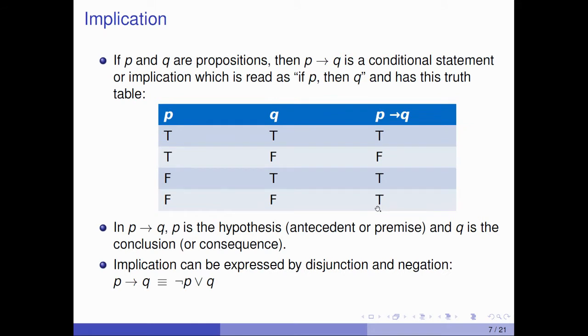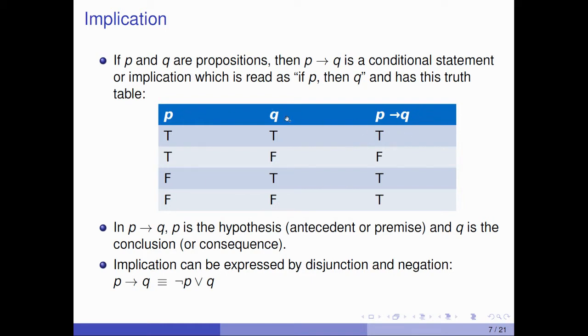Okay. Next is implication. If P and Q are propositions, then P implies Q is a conditional statement or implication, which is read as if P, then Q. Okay? If P, then Q, and it has this truth table. All right.